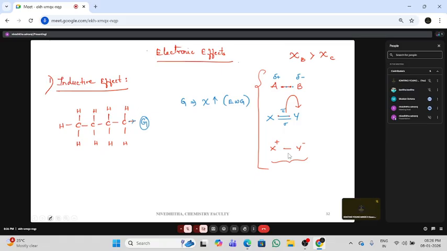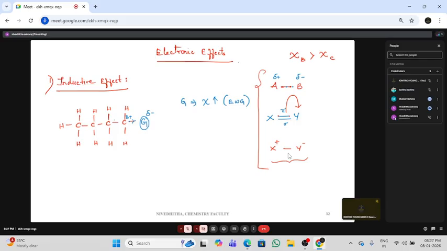Because of that, this special group will have a partial negative charge, and this carbon will have a partial positive charge. Initially, both the carbons were the same, so there is no charge separation here. They'll be properly sharing their electrons. But now this carbon got a partial positive charge, right? So it is in need of electrons.